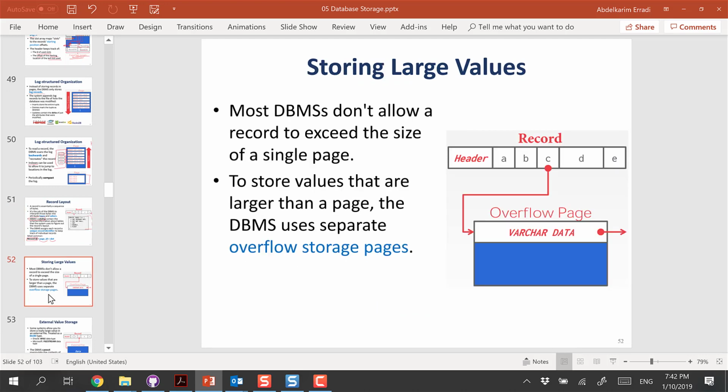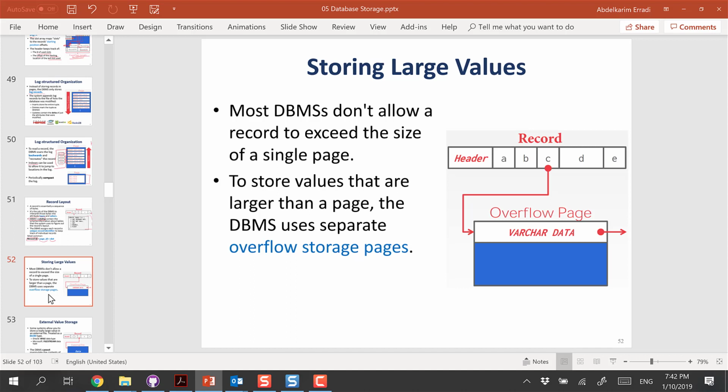Now comes the question of storing large values. Sometimes you have varchar max, like for example in SQL Server that I'm familiar with. You can have varchar max, which could be megabytes or even gigabytes of text or binary. Now that particular column might not fit on one particular page.